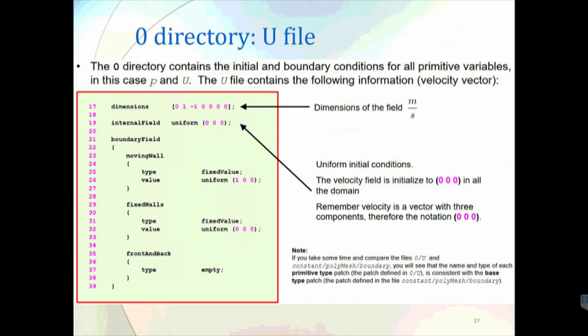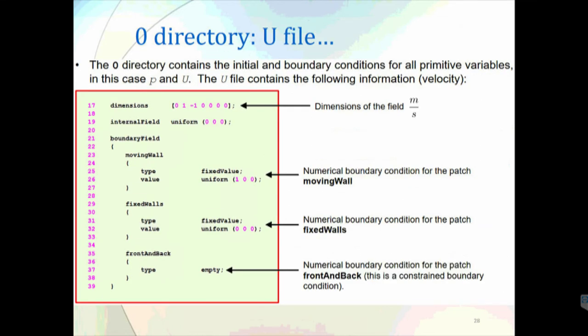Using this line: type fixedValue, and value uniform (1 0 0). What does this mean? The x direction velocity is 1, the y direction velocity is 0, and the z direction velocity is also 0. And of course, the moving wall only has this. The fixed walls still have 0, and front and back have type empty.